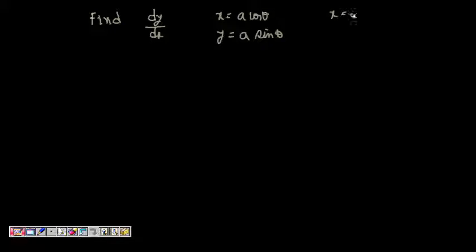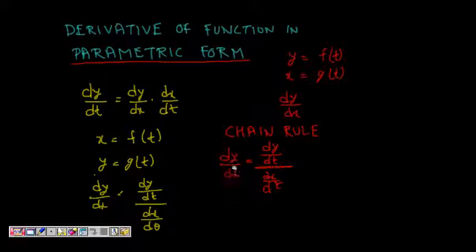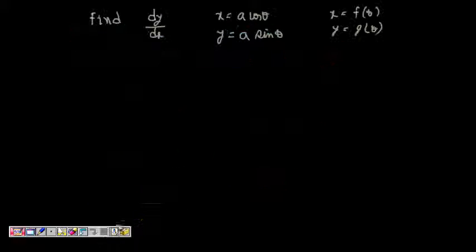Here x is a function of theta and y is also a function of theta. We learned that we can apply the chain rule: if both are functions of some other variable, dy by dx becomes dy by dt by dx by dt.